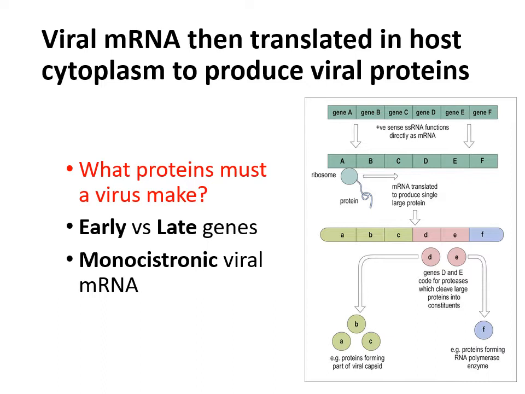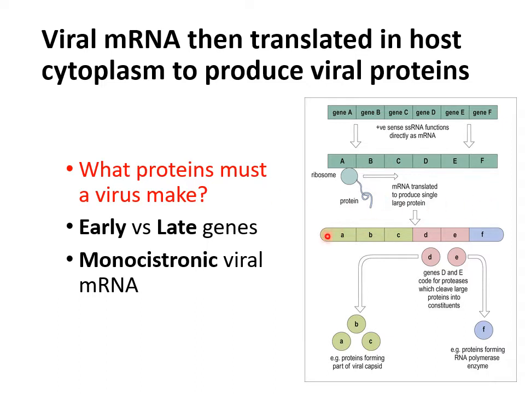Okay, now in addition to knowing early, the nucleic acid replication genes, versus late, the protein coat genes, you should also be aware that the viral genome has what's called monocistronic viral mRNA. That is a fancy way of saying that they produce one long piece of mRNA that then codes for multiple proteins.